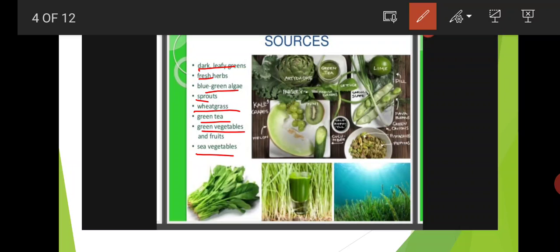Chlorophyll is present in green leafy vegetables or green colored leaves, fresh herbs, blue green algae, sprouts, wheatgrass, green tea, green vegetables, green fruits, and sea vegetables. These all are the sources of chlorophyll.